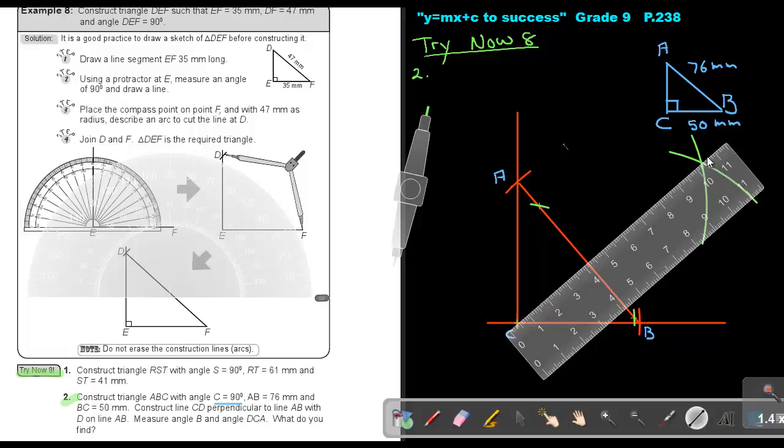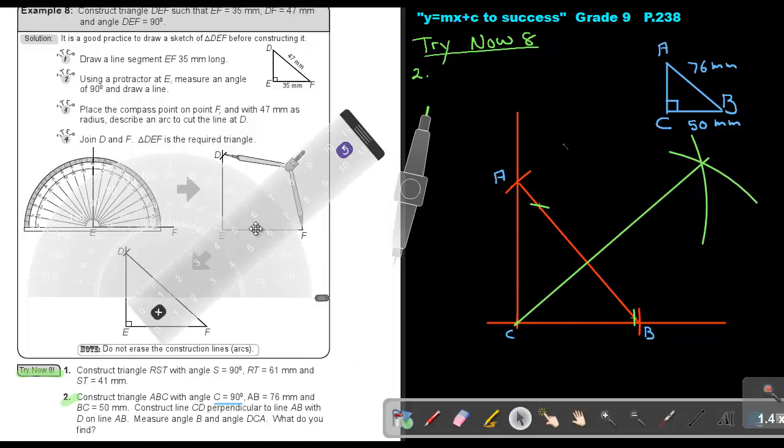And then I'm just going to take my ruler. Okay. And then remember what they said? That this point of intersection will be point D. Okay. Let's go on. So we were constructing line CD perpendicular to line AB.